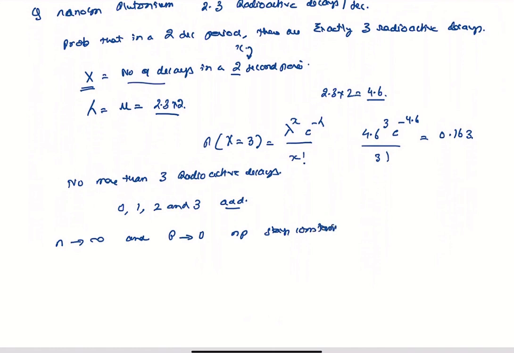Then the binomial distribution approaches the Poisson distribution, or the Poisson distribution with lambda equal to np closely approximates the binomial distribution if n is very large and p is very small.